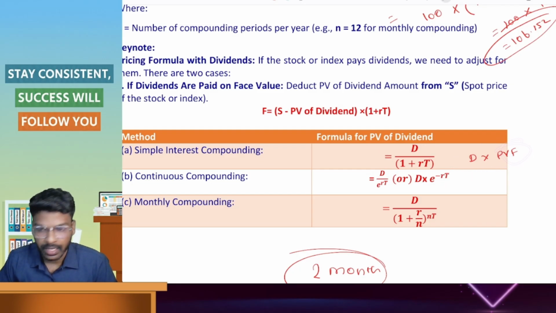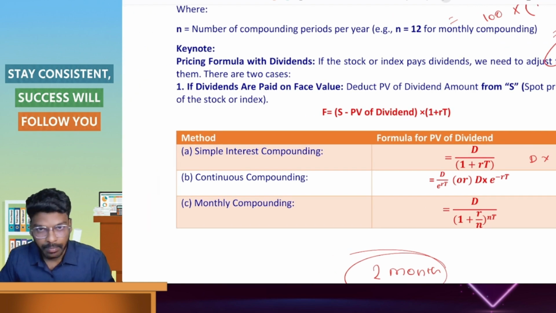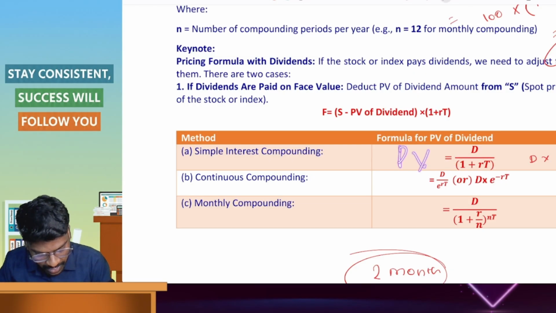What do you mean by present value factor? 1 divided by 1 plus R into T will give you the present value factor. If the present value factor is straight away given in the question, then you multiply with the present value factor. If it is not given, you take dividend divided by 1 plus R into T. That will give you the present value.